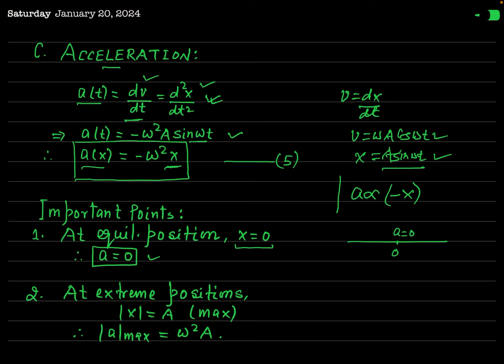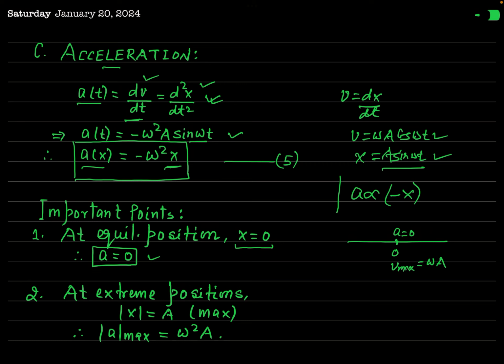But you have seen that at this position, the velocity of the particle is maximum, equal to omega A. So this is a very important point: during SHM at the equilibrium position, velocity is maximum but acceleration is 0.